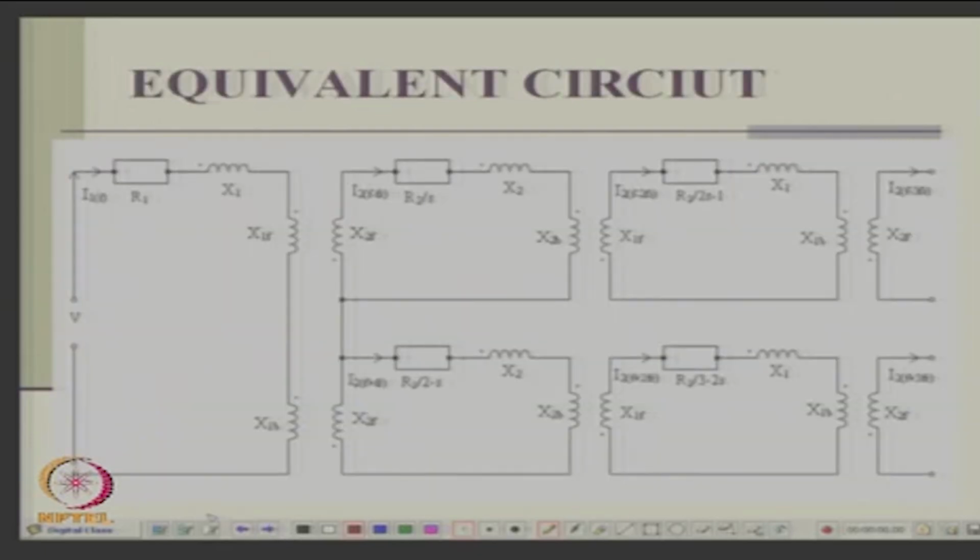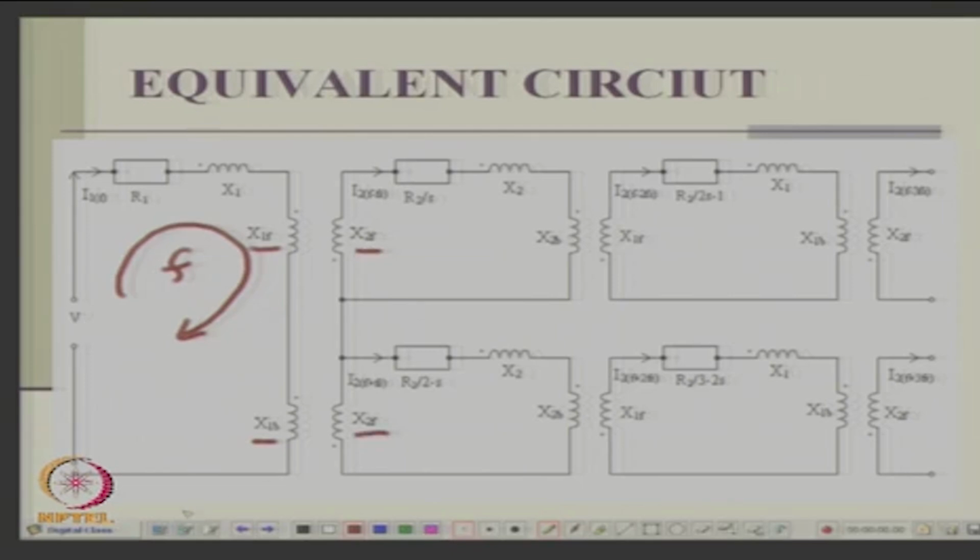So, you can represent this by an equivalent circuit. Okay. Now, one is for the basic one, this is for the frequency F, isn't it? But all referred to stator, so it will look like a transformer equivalent circuit. Equivalent circuit is this, it will have R1, X1, X1F, X1B, okay, Z1, and mutual will be here, it is X2F.